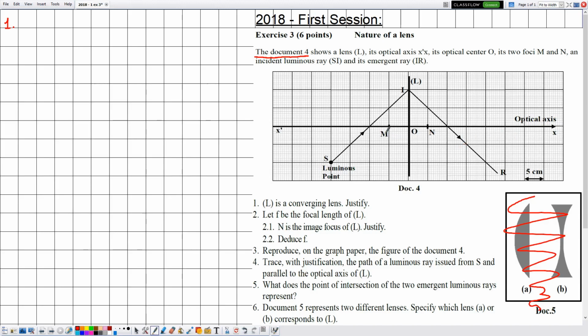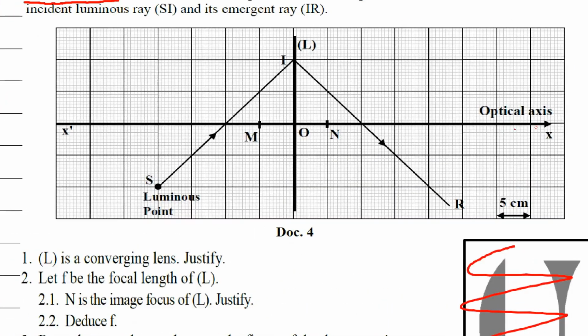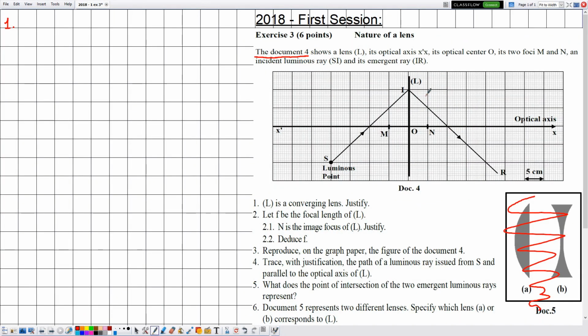Whenever the incident ray and its emergent ray are given, we can directly determine the nature of the lens. So this is the incident ray SI. As we can notice, the emergent ray IR emerges toward the optical axis, and we know that always for a converging lens, the emergent ray emerges toward the optical axis.